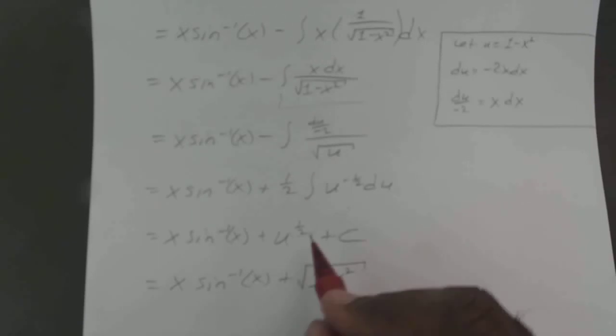Yep, but you already had the square root there. So once you plug in that one there, it becomes the square root. Oh, I know, it's real easy to miss. Square root of 1 minus x squared, plus c. All right, and that's your answer.